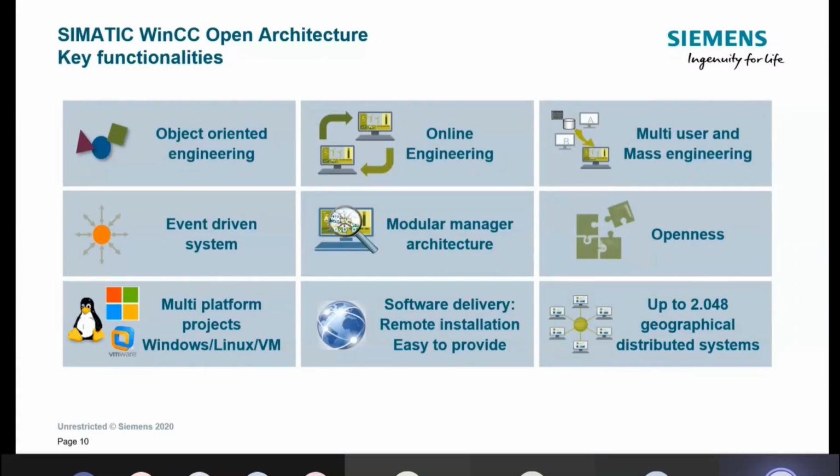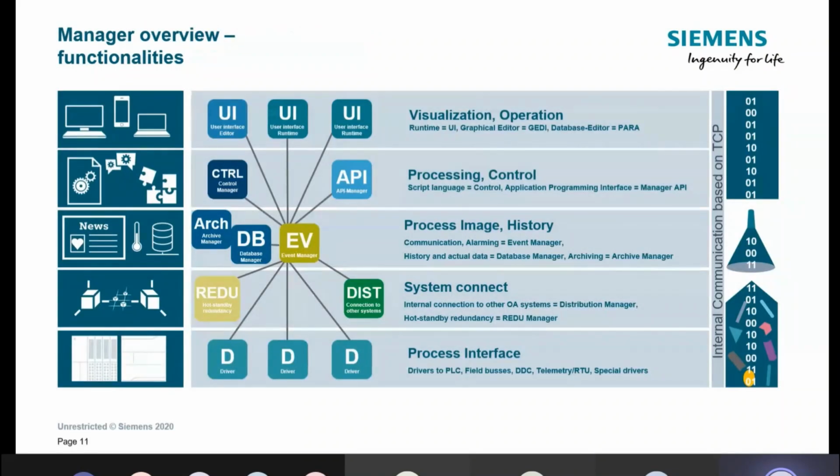While we're here, let's take a quick look at the managers of the system. We have the event manager here. It is like the heart of the system and communicates with the different managers in the system. We also have database and archive managers for data management. We have driver managers for communicating with the field devices.